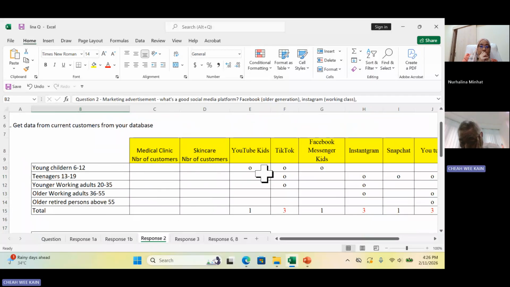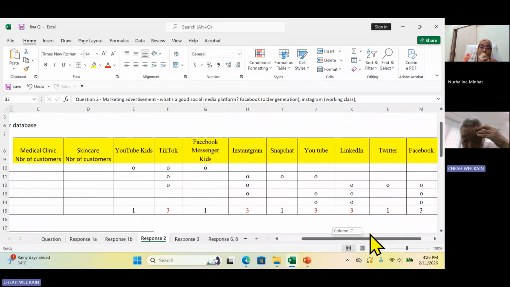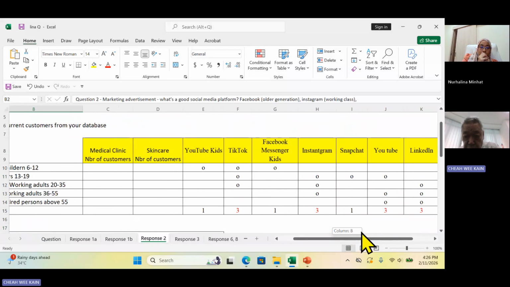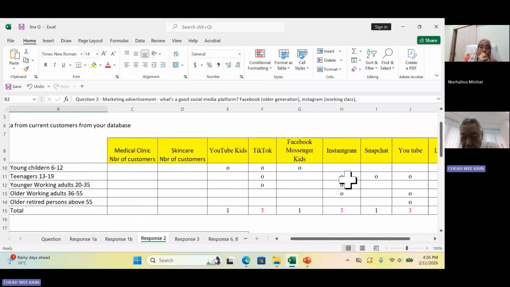And for each category, the ticks here mean these are their favorite media. So for young children, they are using YouTube Kids because the parents control. TikTok, and also there's a Facebook called Facebook Messenger Kids. Young children don't have the others. If you're a teenager, you're using TikTok, what else?